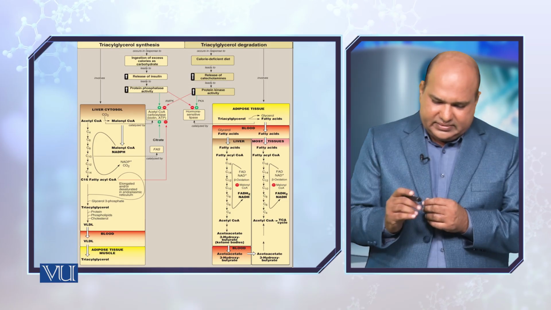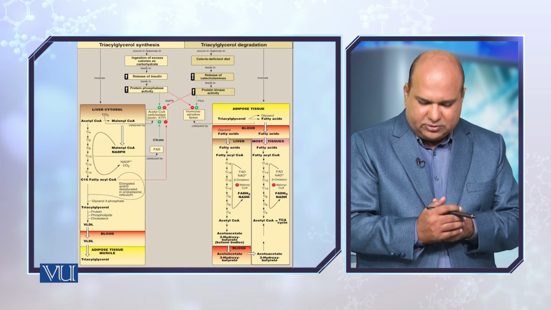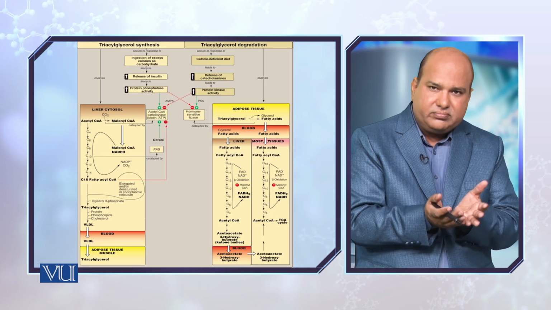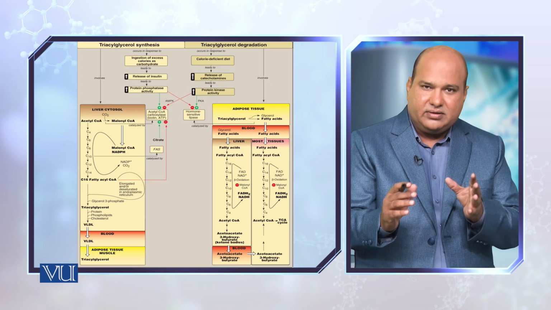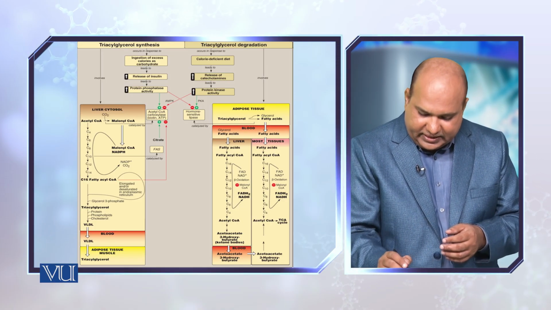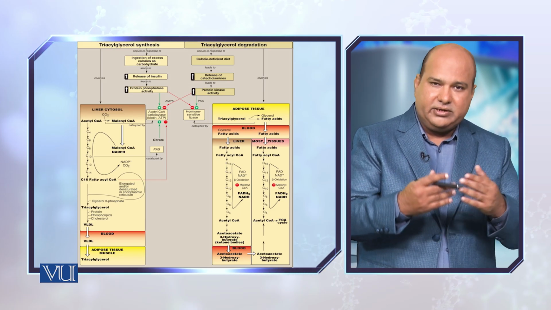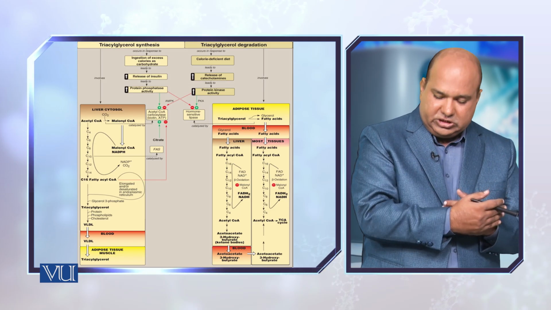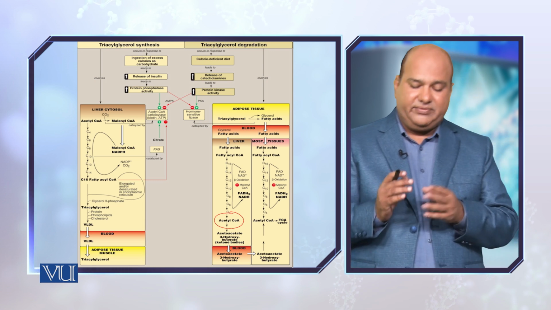Then there is the degradation process, which is almost the reverse of the synthesis process. A 16 carbon compound like palmitic acid has to be sequentially degraded by 2 carbon units each, and eventually you end up with acetyl CoA molecules at the very end.